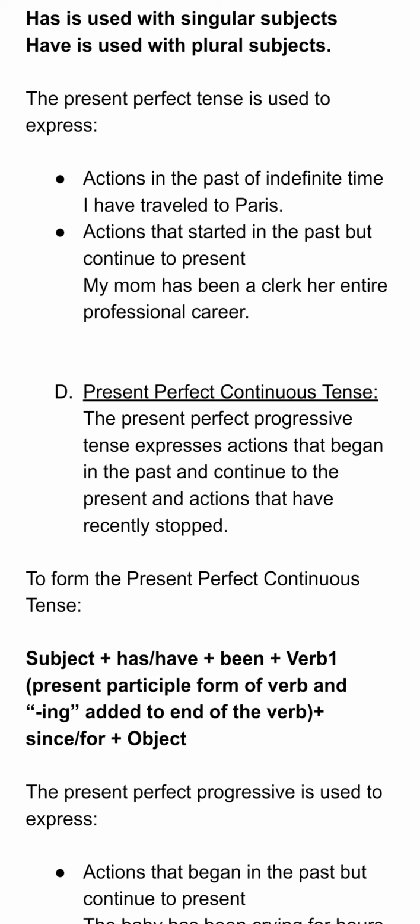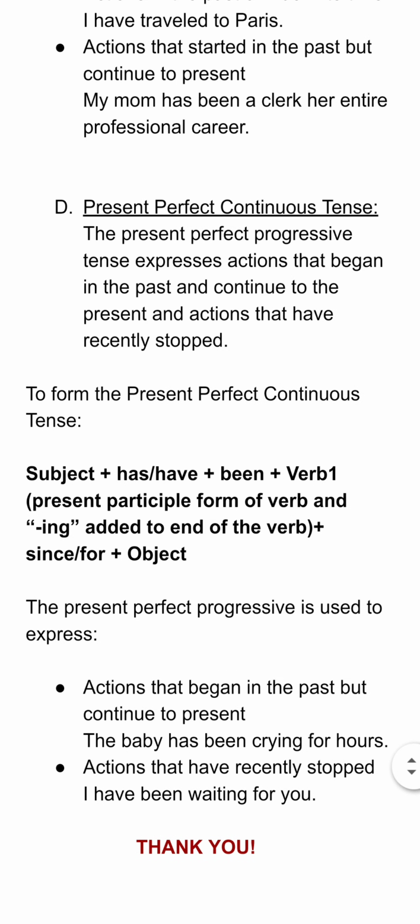The next one that comes is present perfect continuous tense. Now what is that? The present perfect continuous tense or the present perfect progressive tense expresses actions that began in the past and continue to the present, and at the same time they also indicate actions that have recently stopped.